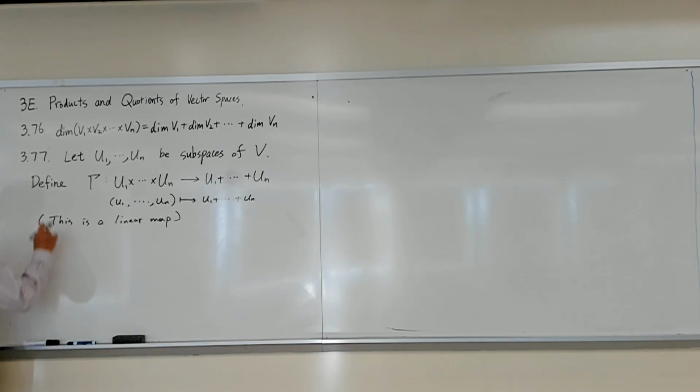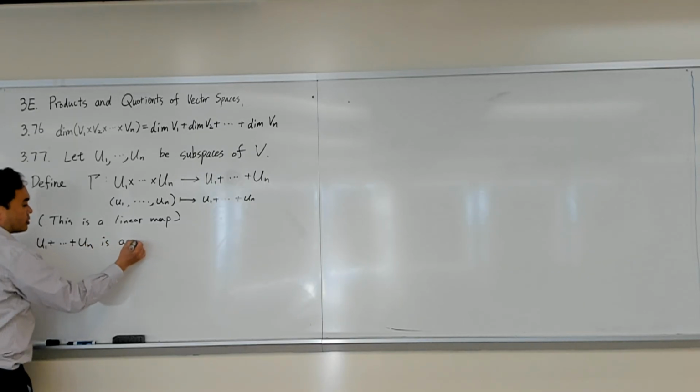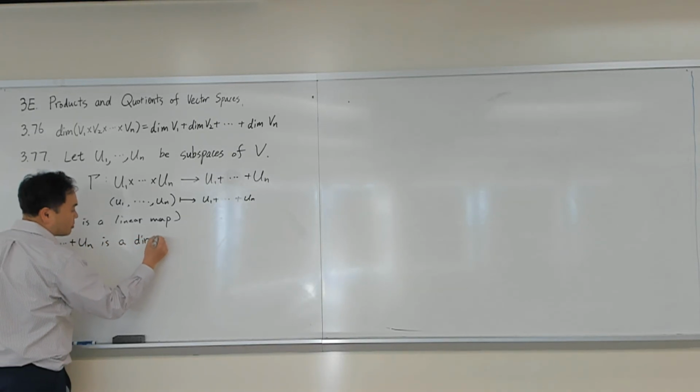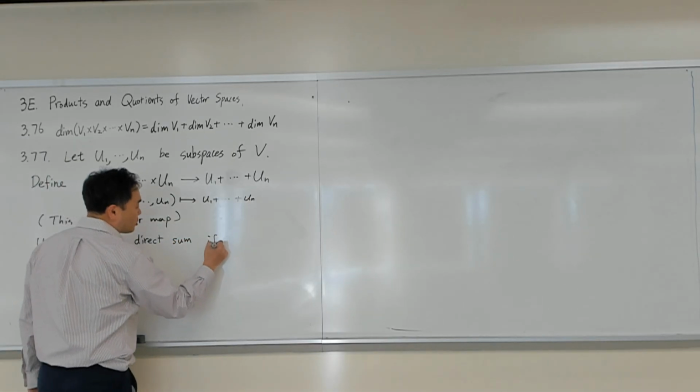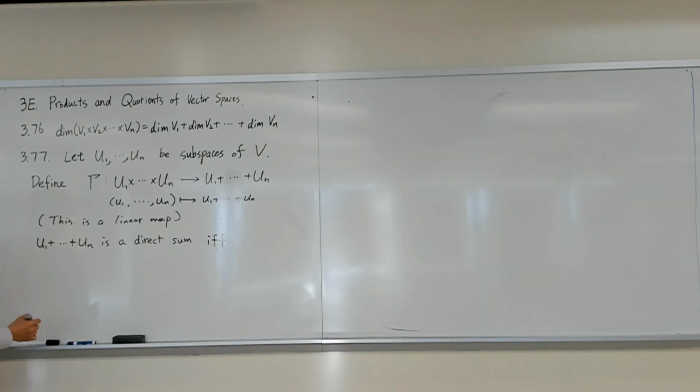Now the core of 3.77 is saying that U1 plus ... plus UN is a direct sum if and only if gamma is injective.